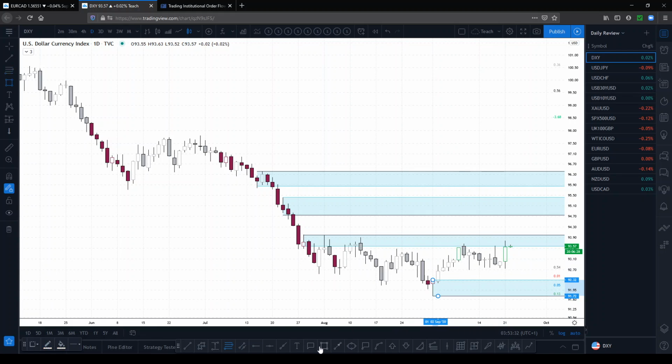It's not one that would be that easy to see, because the move away, for example, hasn't been that great. We haven't had that initial push away for enough of a distance that we would like the initial 2-to-1 move away from the level, but you can see that the market has clearly been using that level as an area to buy at, showing the strength that is beginning to come into the dollar, the demand that is beginning to come into the dollar.